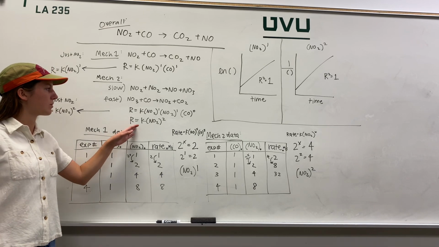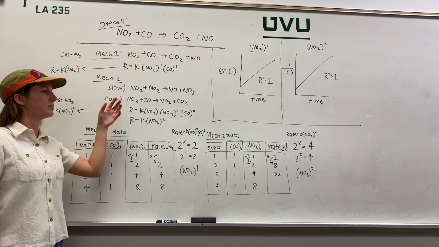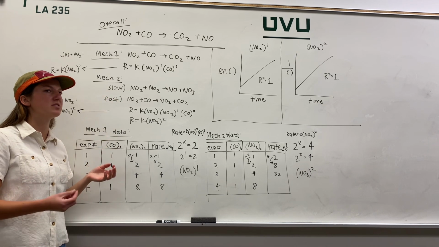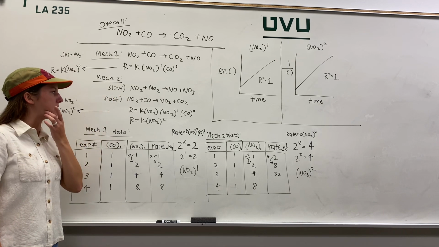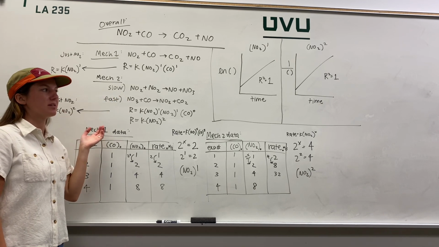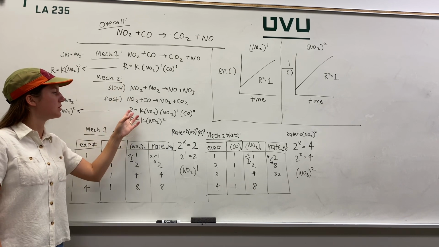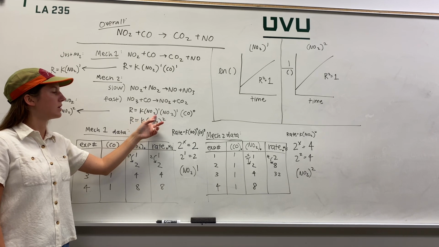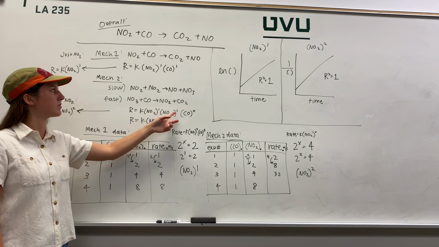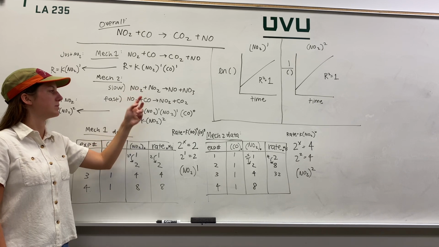To determine the rate law for this mechanism, we would have to take it from the slow step, because it's the rate determining step. So we would do the same thing that we did up here: rate equals the K constant times NO2 to the first order times NO2 to the first order, because there are two NO2s, neither of them have a coefficient.